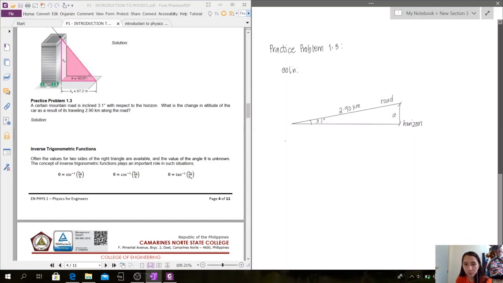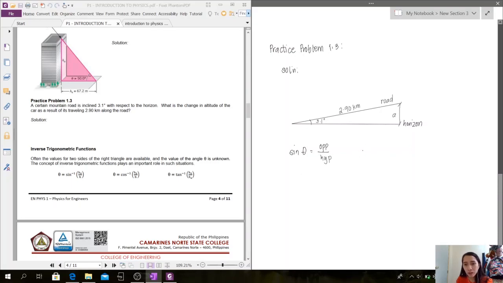Since we have the hypotenuse and the opposite side, we'll use the sine function. So, sine theta is again equal to opposite over hypotenuse.